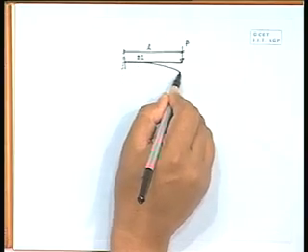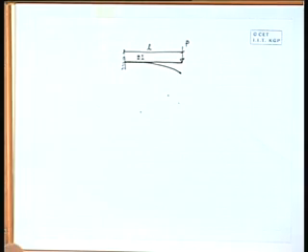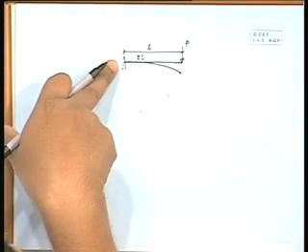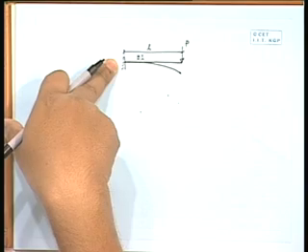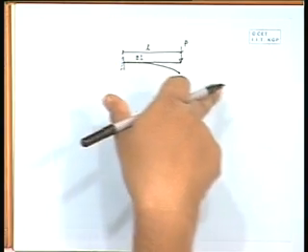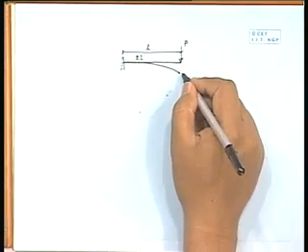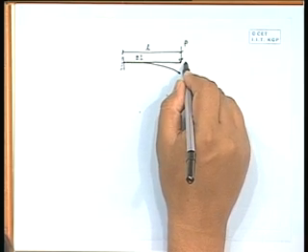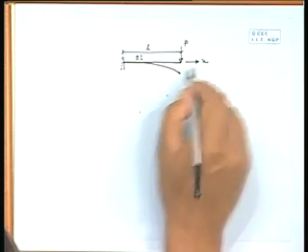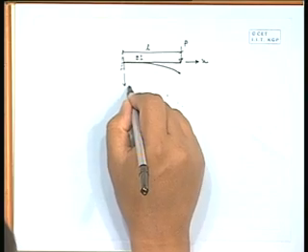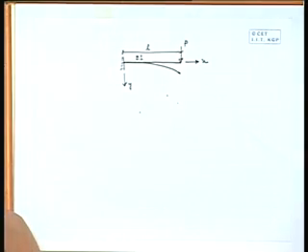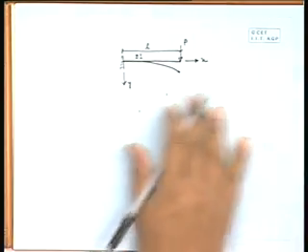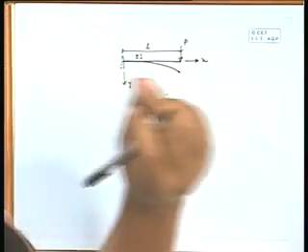Now, under the load, the deformation will take place like this. At this support there will be no deflection, there will be no slope. So, it will go gradually, it will deform. At the tip there will be maximum deflection, maximum slope. Here if we take some axis system like this, x and y, we can start with our differential equation.